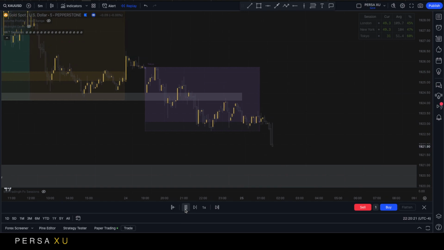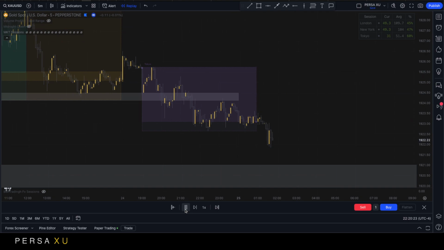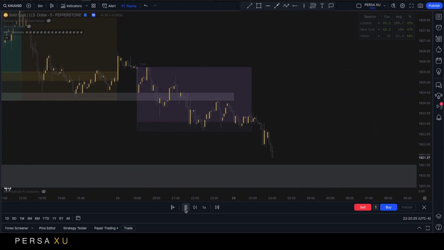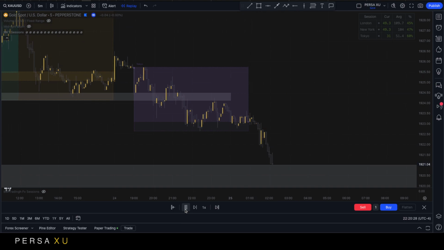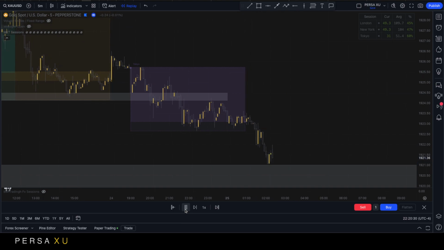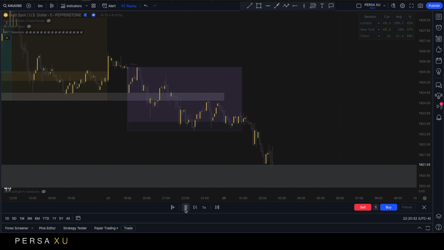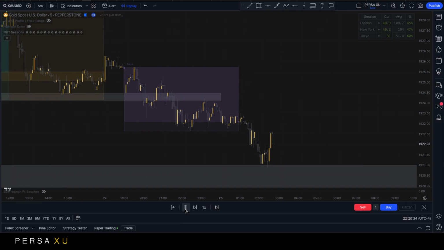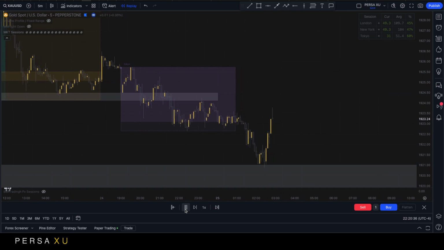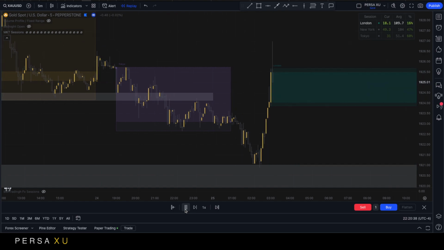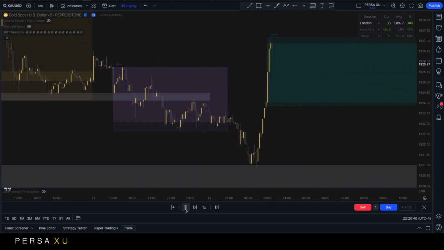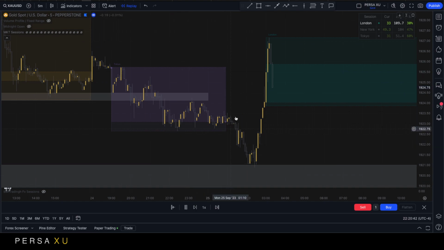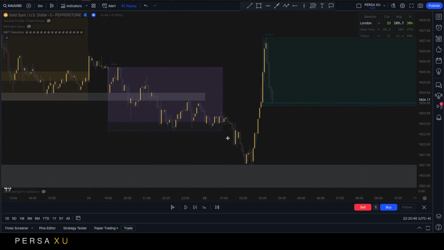These are 5-minute candles. This was outside London, so I mean Tokyo. This was Sydney. I don't have Sydney illustrated, but Sydney made that low and it rallied. There's London. There's London. There you go. So I'm gonna pause it right there.